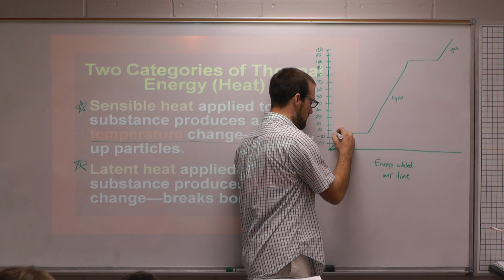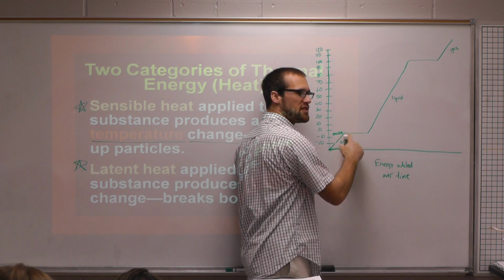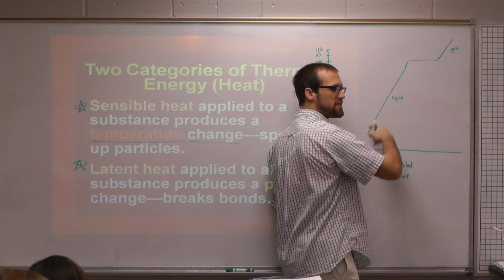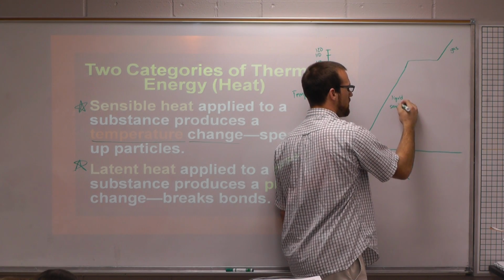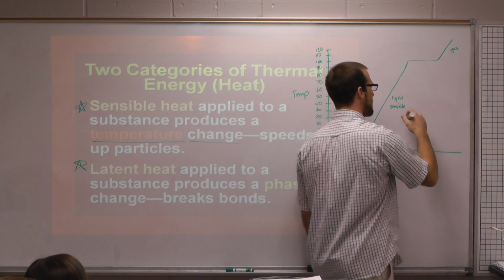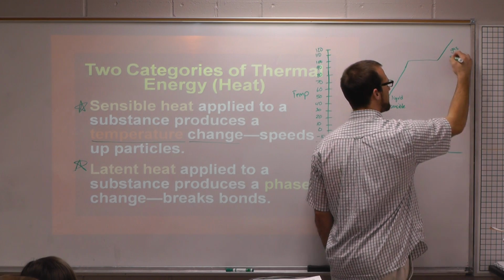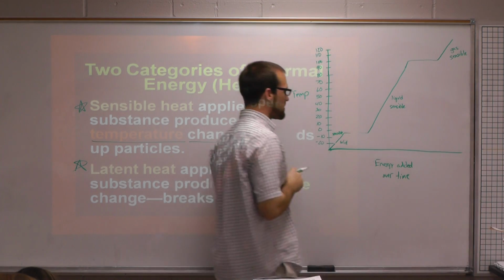Sensible. Is this the sensible heat section? No. Is this the sensible heat section? How do you know? Because you see a slant, a temperature change. How about here? That's going to be called latent. Okay, so we've got our sensible heat.